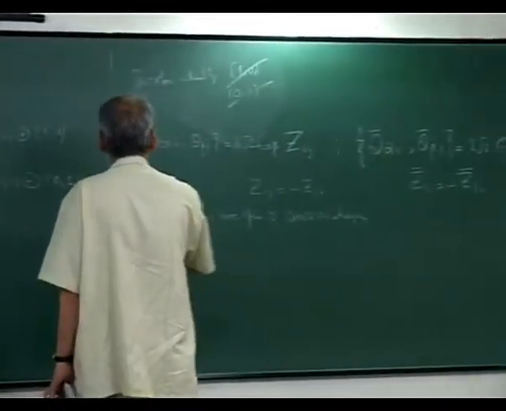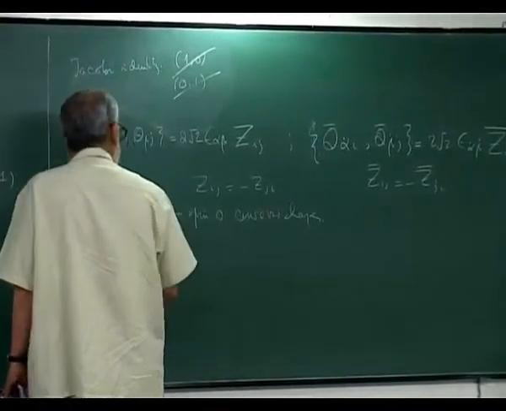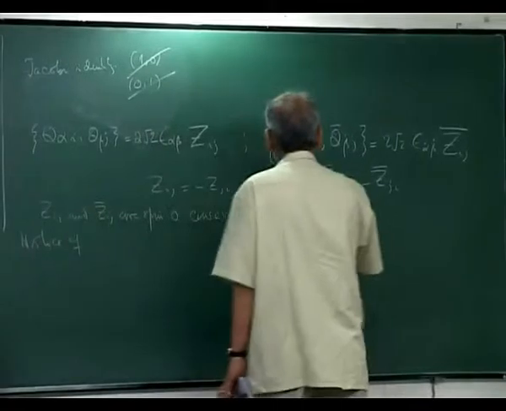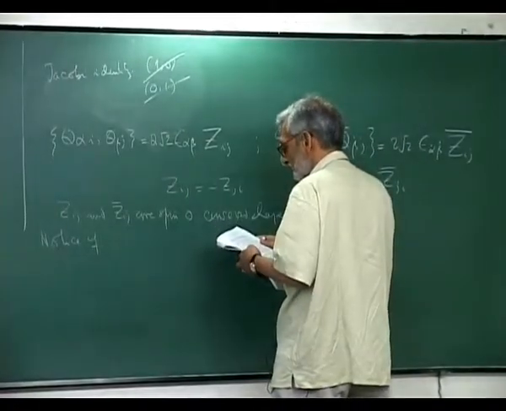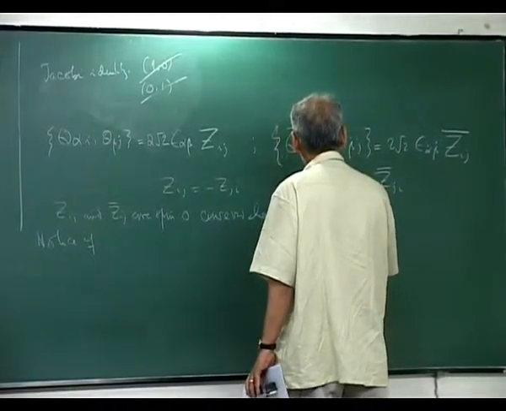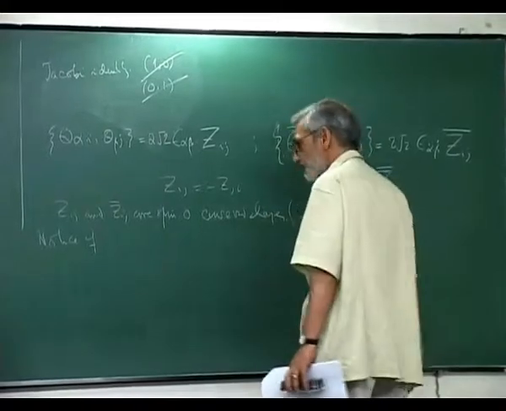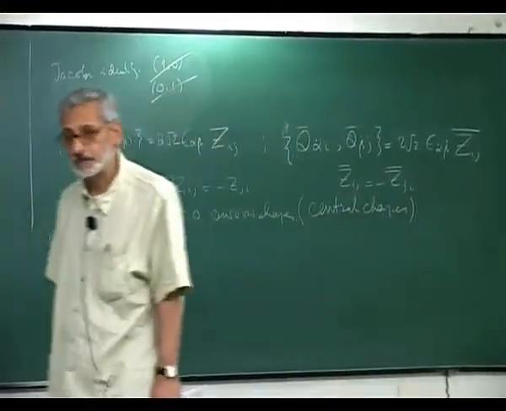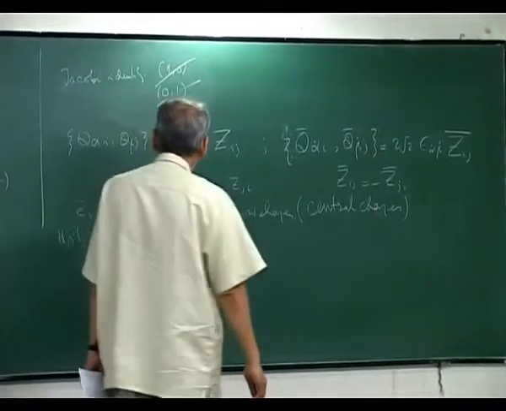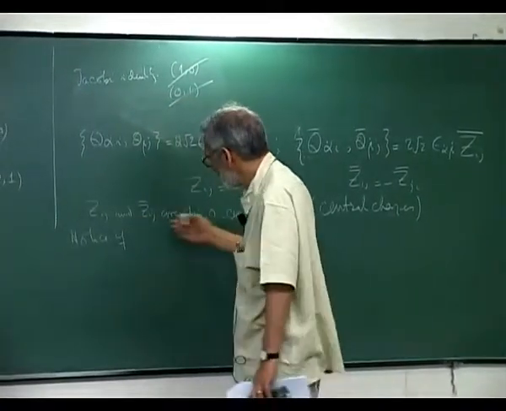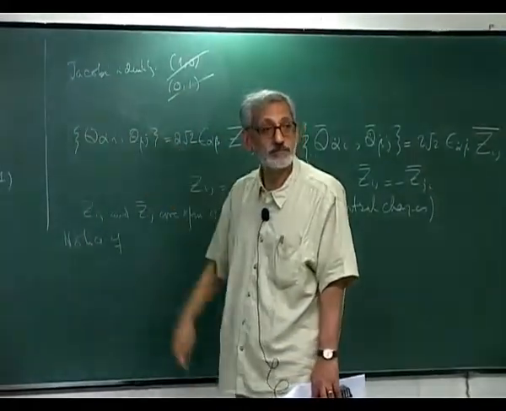Now notice, there is a name given to these charges. What is it called? Central charges. Since they are spin 0, they commute with all others.